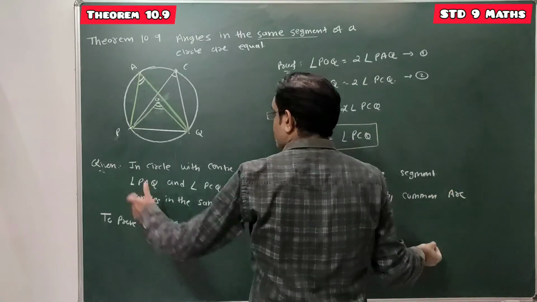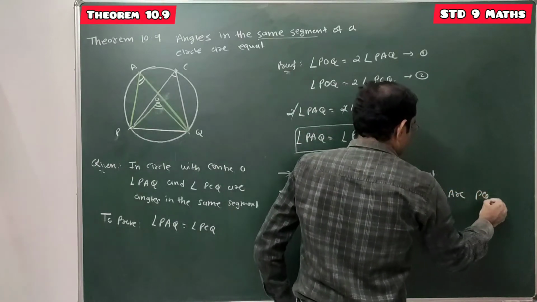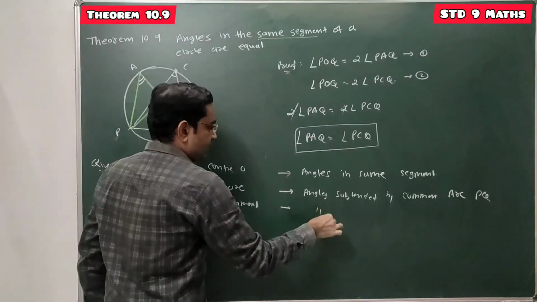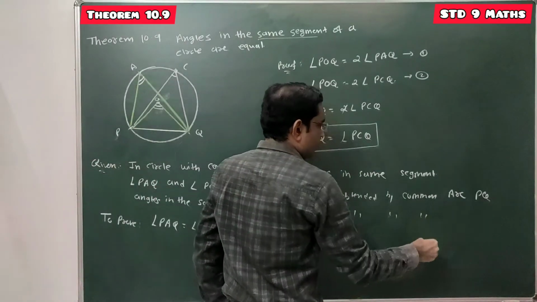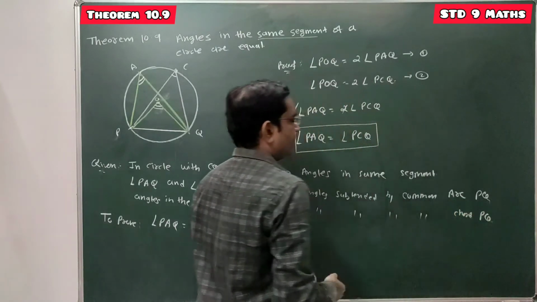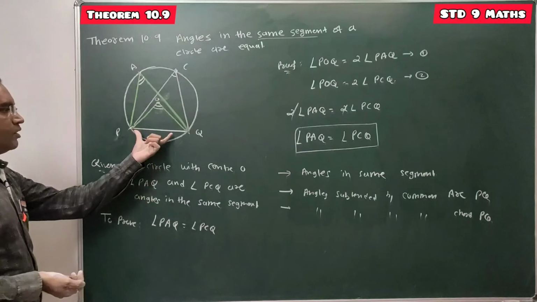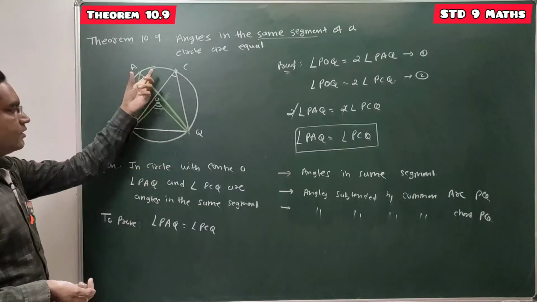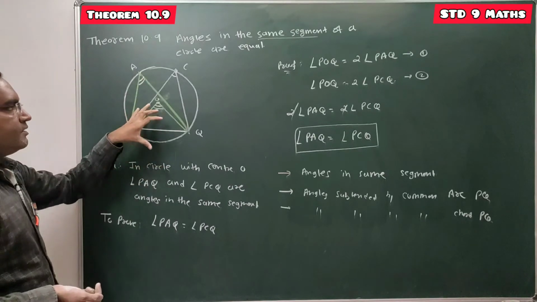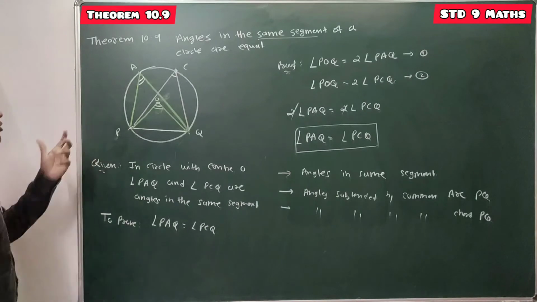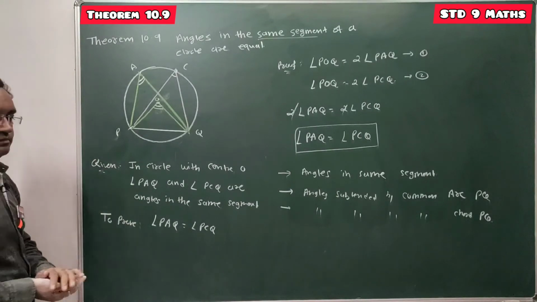That common arc is arc PQ. Also, instead of arc, you can say it's the chord PQ. So they are nothing but the angles subtended by the common chord PQ. So angles subtended by the common chord on a circle are equal. Angles subtended by the common arc on a circle are equal, or angles that lie in the same segment are equal. So this is the proof of theorem 10.9.